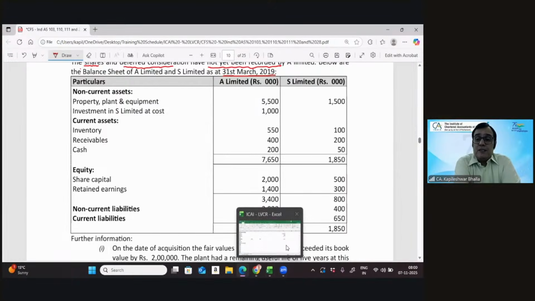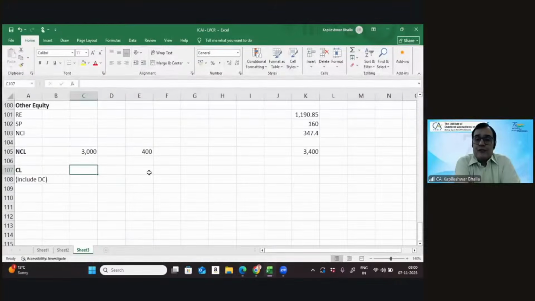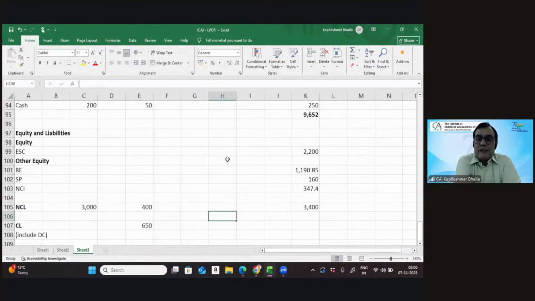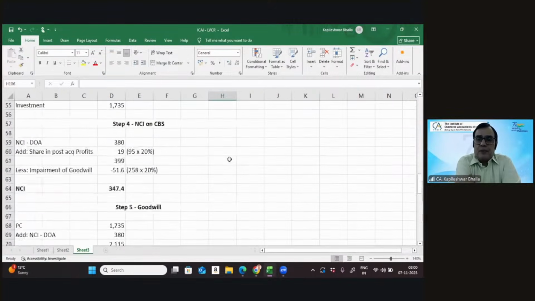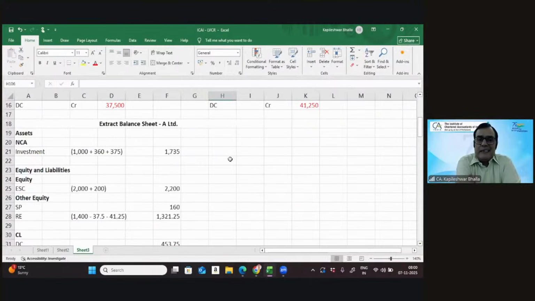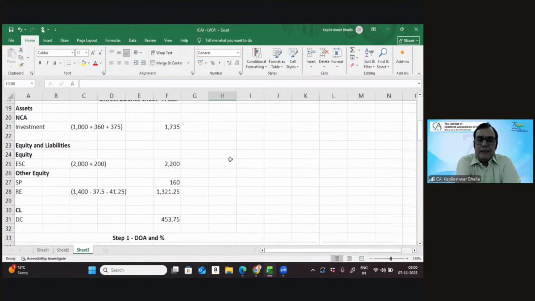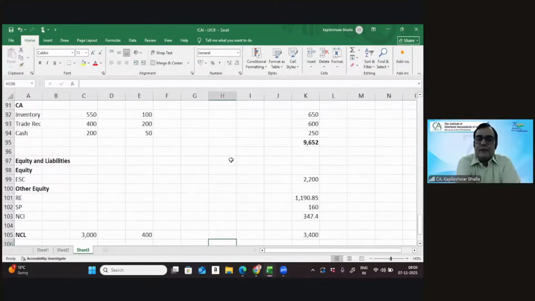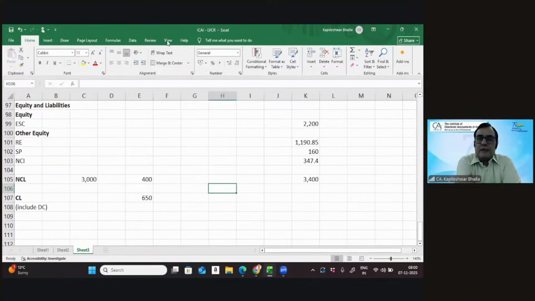So current liabilities, we can take 650, of course, for the parent subsidiary. But let's go to the extract balance sheet to pick up the parent's current liability. So I think we have the DC, and I think the DC is 453.75. Right, so we can get that information.